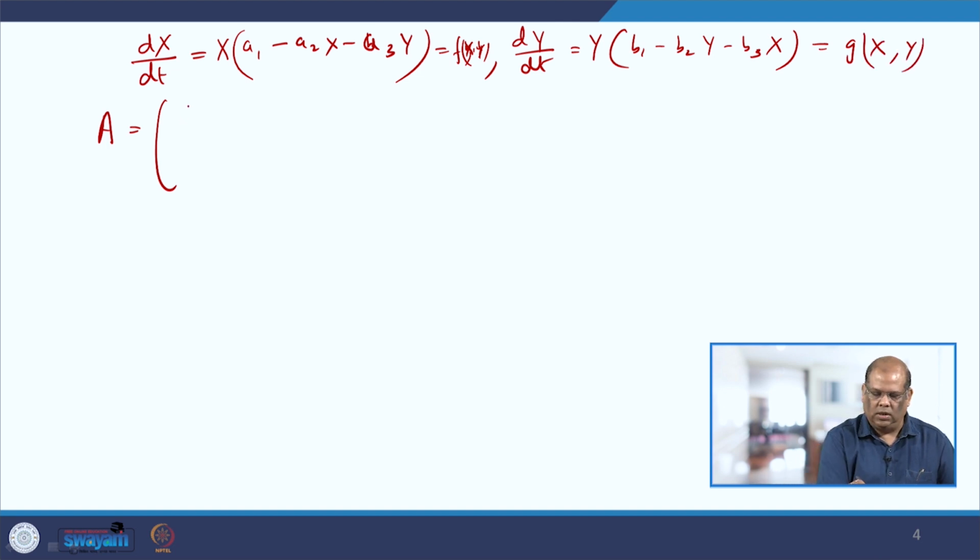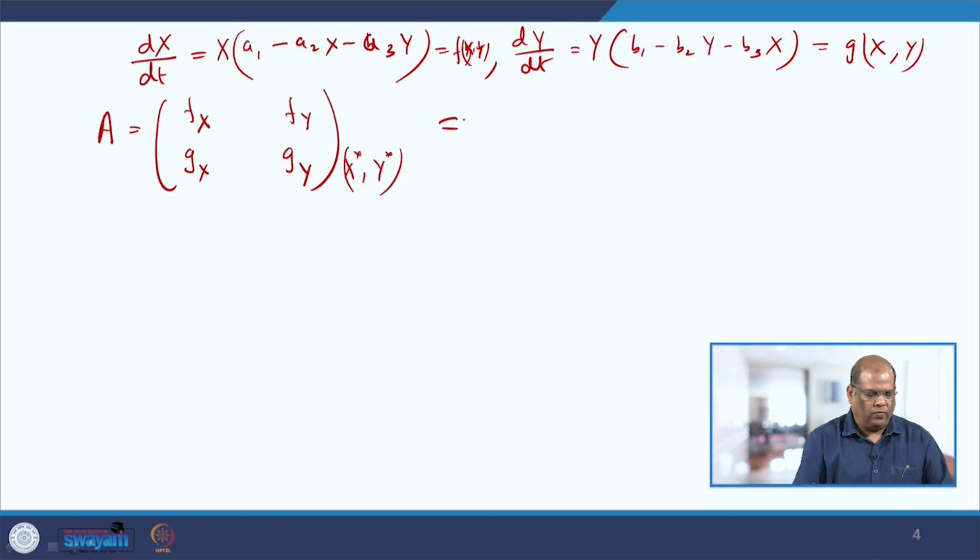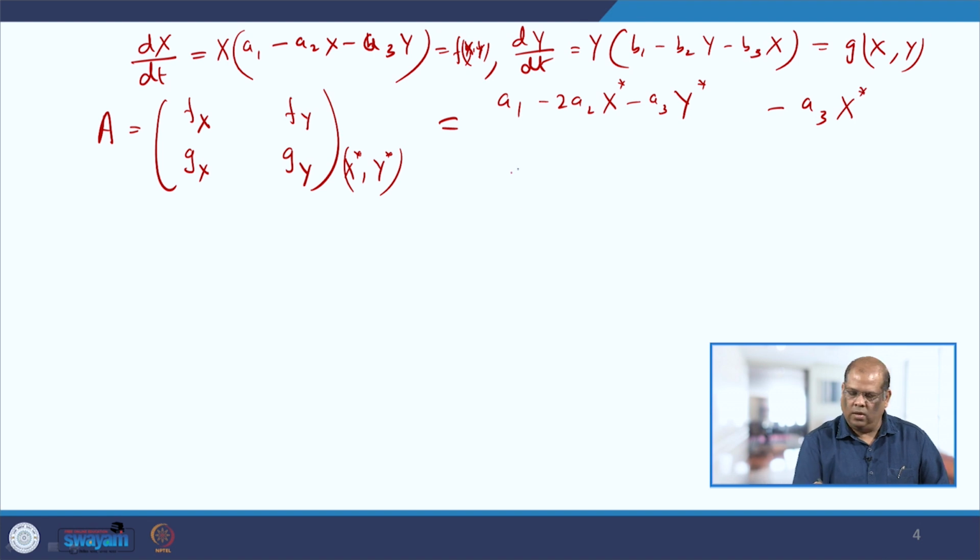So, this is f of x, f of y, g of x and g of y at the point x star, y star, and you will get this value to be a1 minus 2a2 x star minus a3 y star, minus a3 x star, minus b3 y star, and this is b1 minus 2b2 into y star minus b3 into x star.